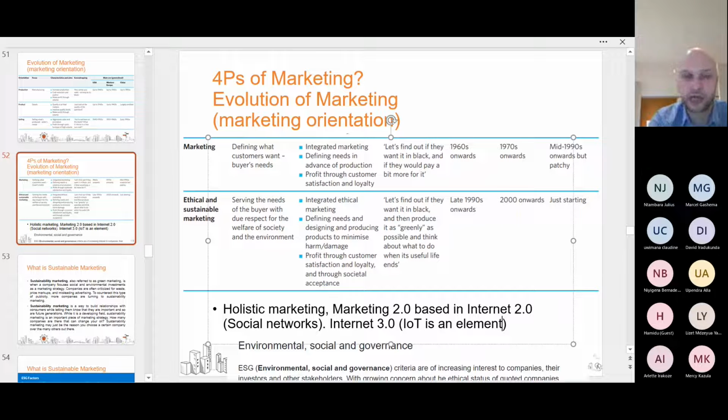And of course, Internet 2.0 and 3.0 should be taken into account when the company is thinking about which strategy to select. We can even make sales based just on the official account on Facebook. So we can think about the channels of distribution from the perspective of new technologies.